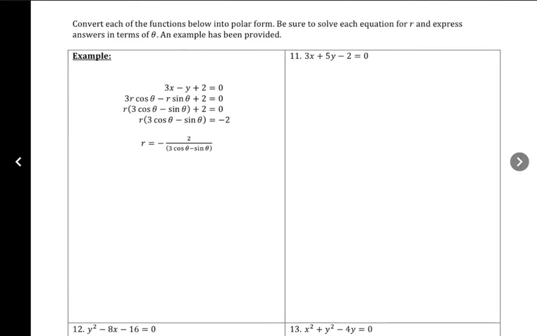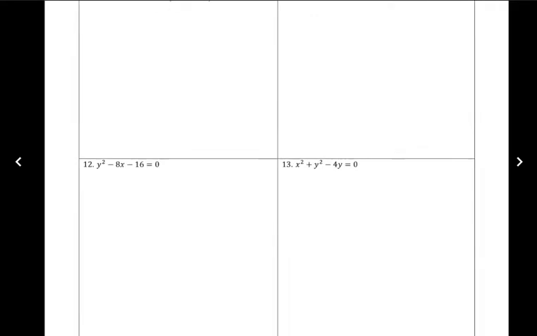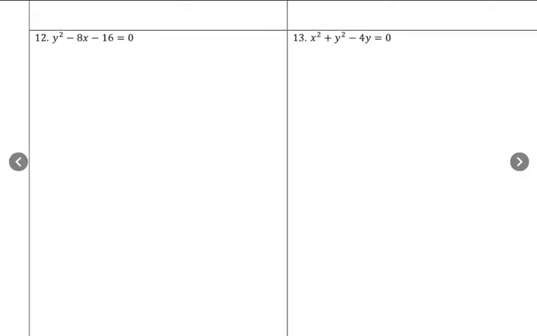But number 12 and number 13 are a little bit tricky, so I kind of just want to get you a head start on these two. Just kind of get your foot in the door so you can finish them off. So what I noticed with 12 is that I don't have the same variable. I don't have all r's, I don't have all x's, I don't have all y's, so I'm going to have some combination of something going on here. So here's what I propose.